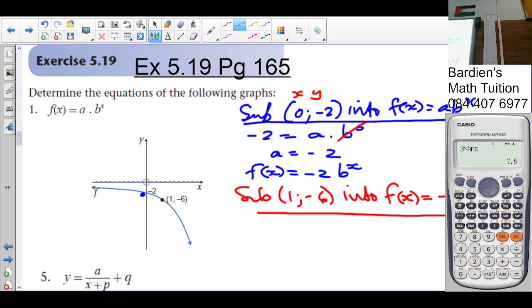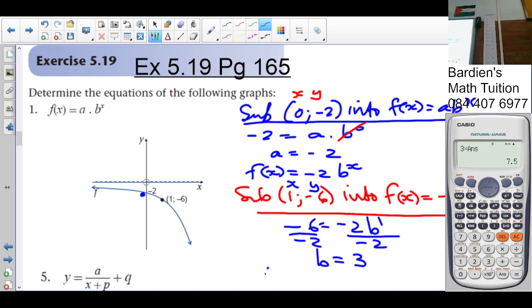You don't have to write what I'm underlining. Okay? Remembering this is x and a y. So negative 6 is equal to negative 2 times b to the 1. How do I get b on its own? Divide by negative 2 both sides. So b works out to be 3.